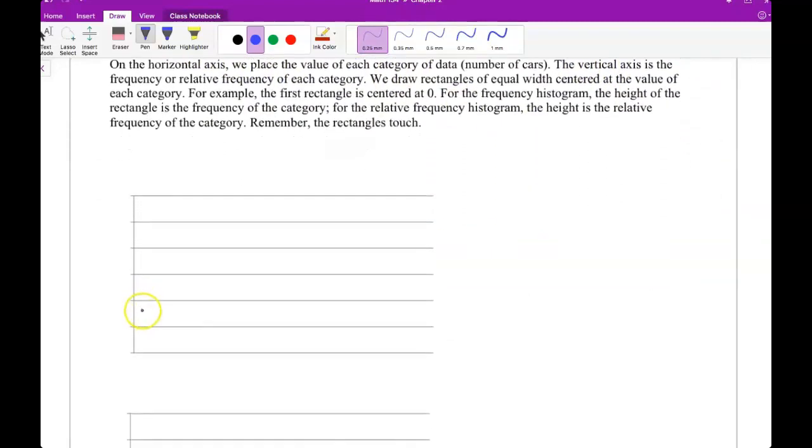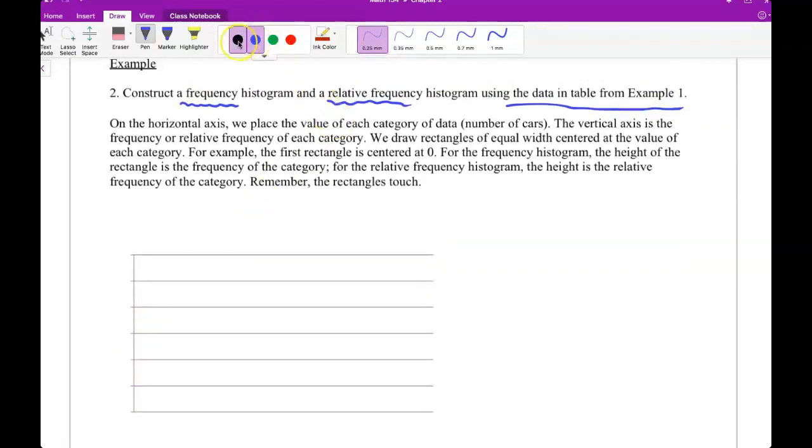Let's have frequency first here on the first one. Okay, so here I'm writing that this is what we have for number of cars. So this is for available cars in the household.